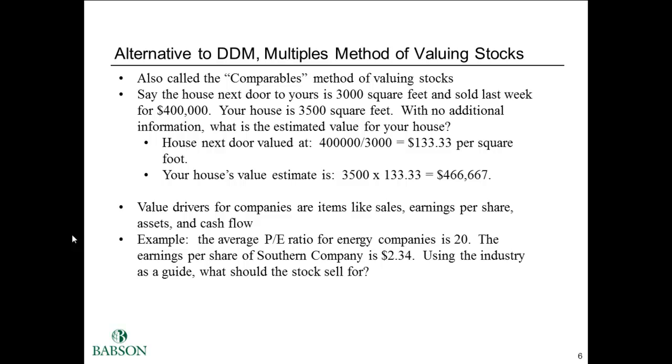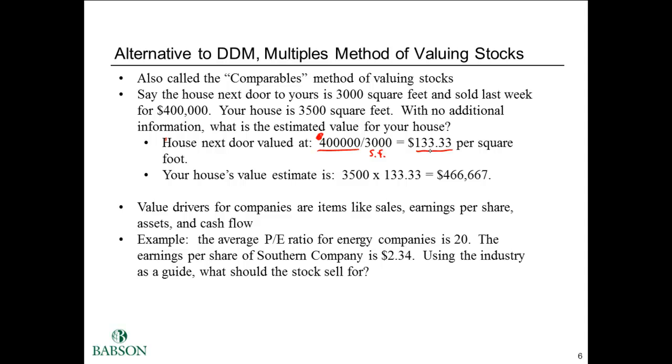With no additional information, what's the estimated value for your house? So you can automatically see that, well, you just compare the size and yours is going to be 500 square feet more. And so you would bump up the value by maybe some amount that's linearly related to that. So if we wanted to wrap some math around this, what we might say is that somebody paid $400,000 for 3,000 square feet.